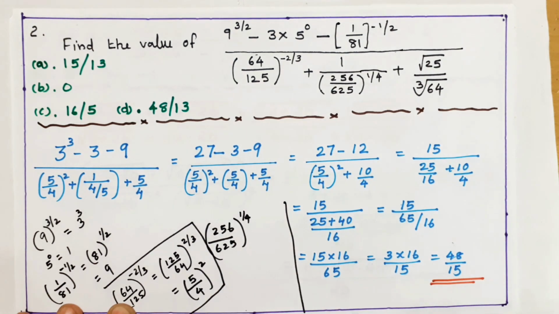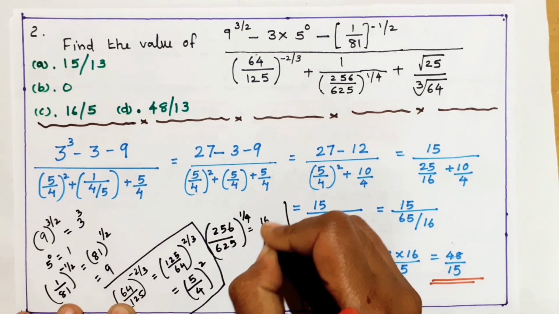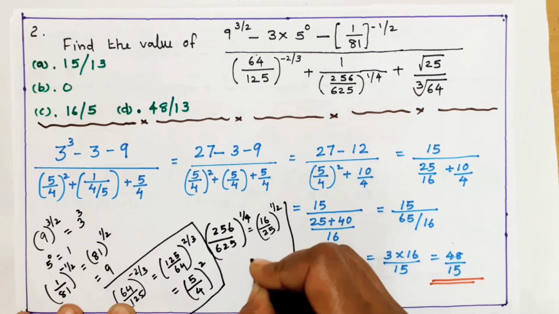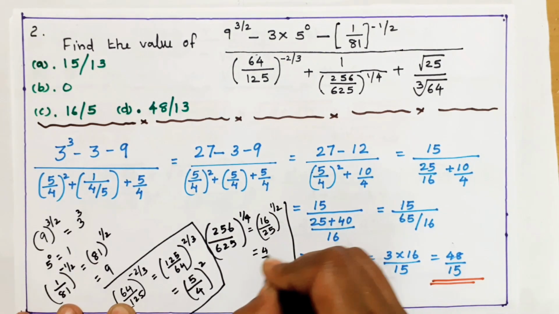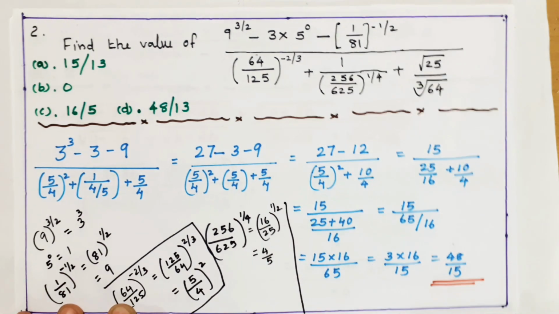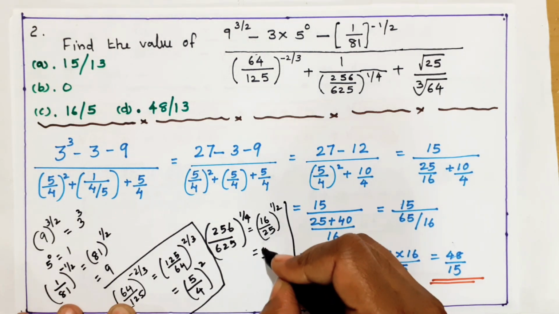You can write 1 by 4 as 1 by 2 into 1 by 2. So I can write this as 16 by 25 raised to 1 by 2. Again if you take the square root, it becomes 4 by 5.